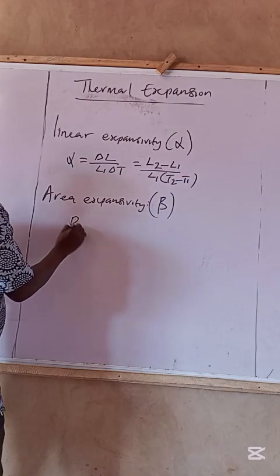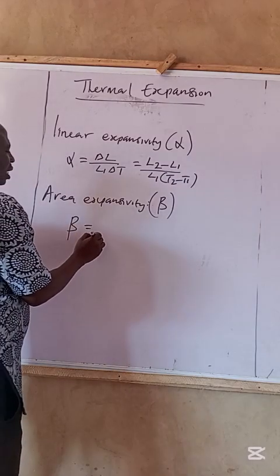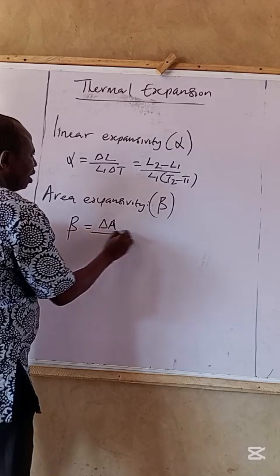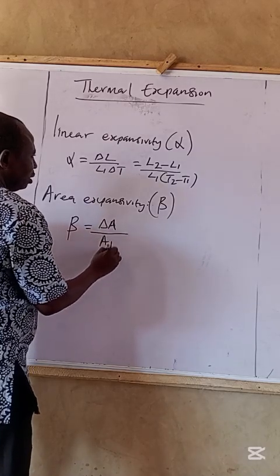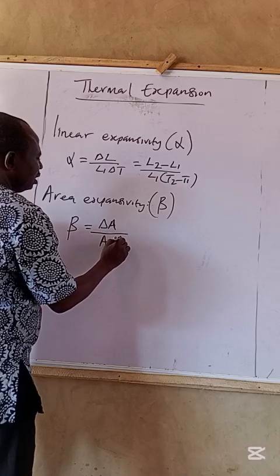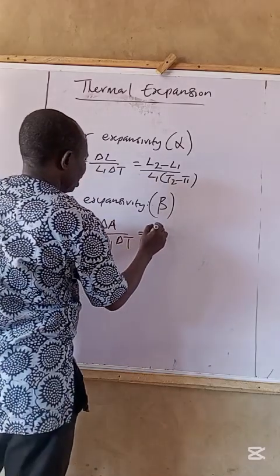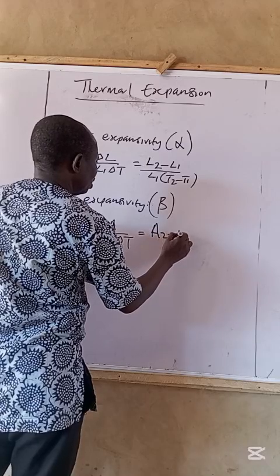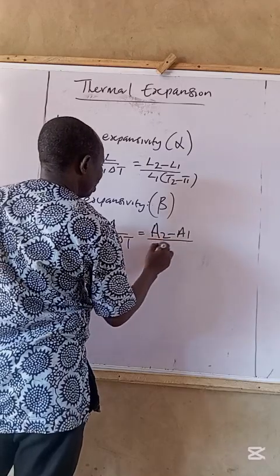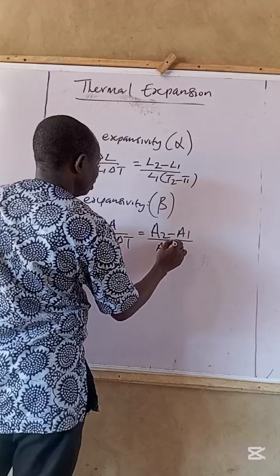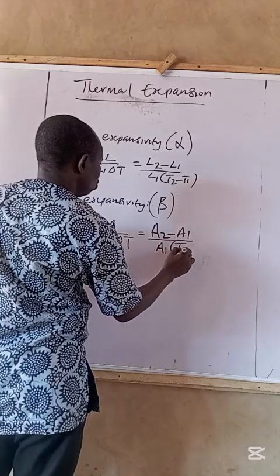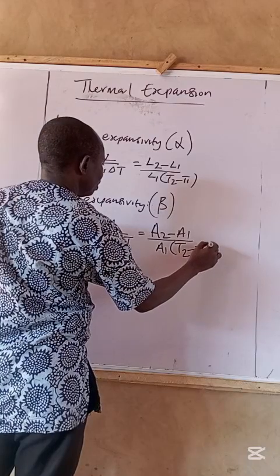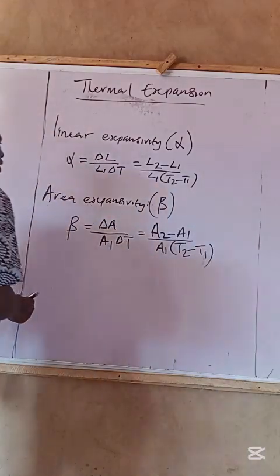That is change in A over A1 times change in T. That is A2 minus A1 over A1 into brackets T2 minus T1.